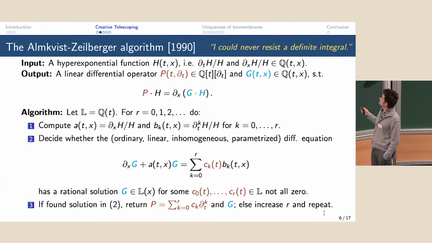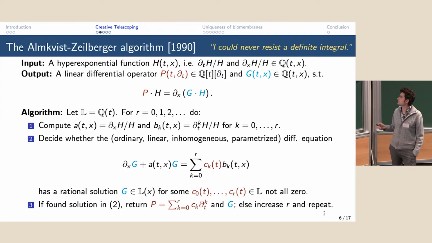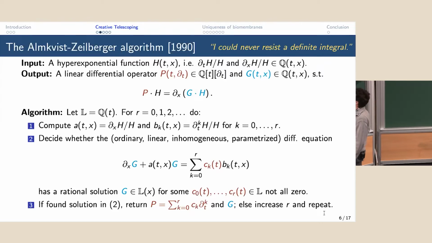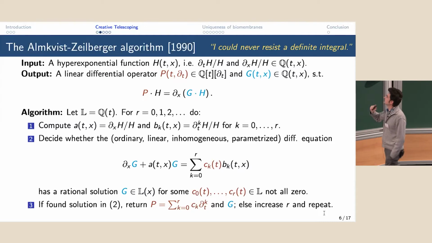So for this class of functions, the algorithm from 1990 is this famous Almkvist-Zeilberger algorithm, which works as follows, to be quite compact. And you see it's very nicely presented.